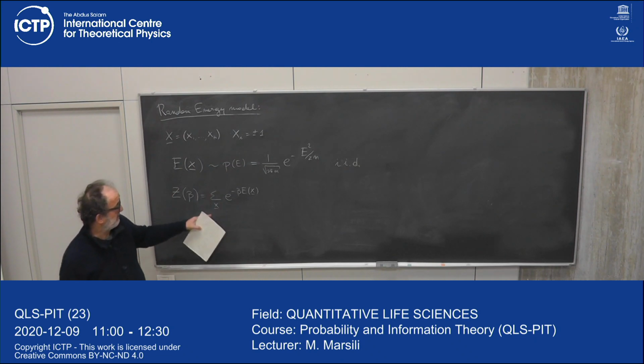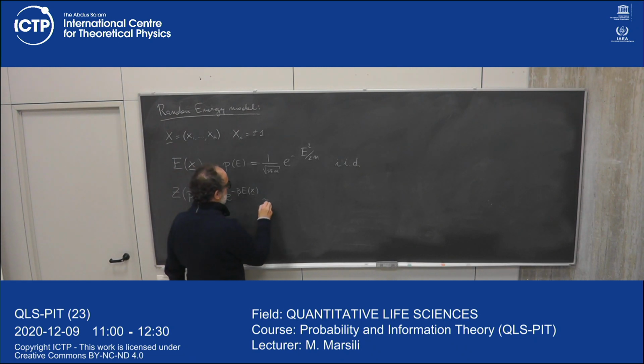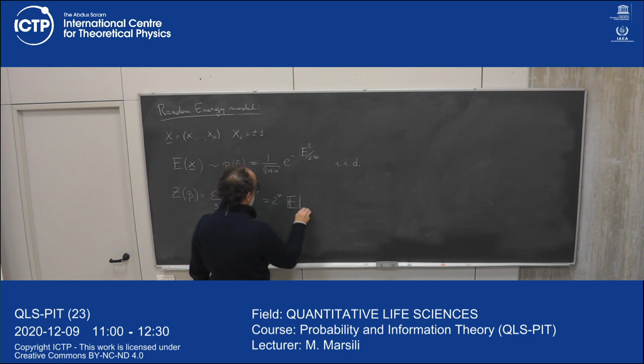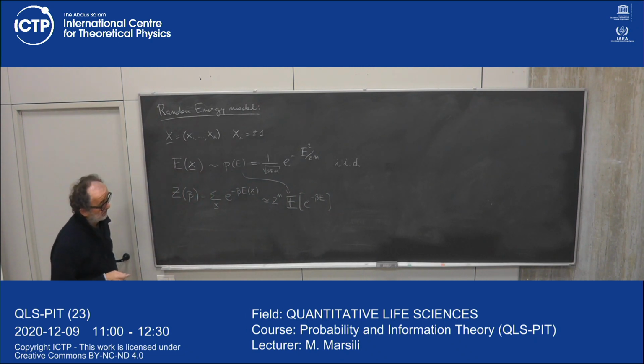So this is a sum over many terms, which I can think is well approximated by 2 to the n, the number of terms that I'm summing, times the expected value of e to the minus beta E, where the expected value is taken with respect to this distribution.